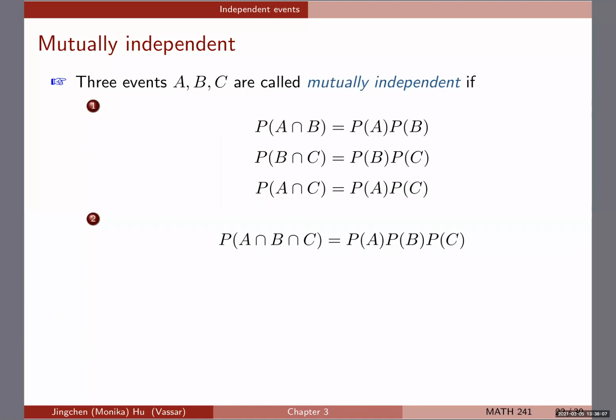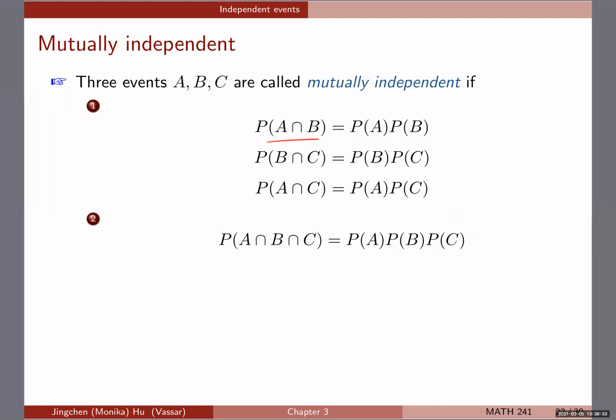All right, and then from that, we have another property, or more appropriately, a definition for mutually independent events. When you have 3 events, A, B, C, they're mutually independent if, first, the condition is that pairwise, each pair, A and B, B and C, A and C, are all independent from each other.